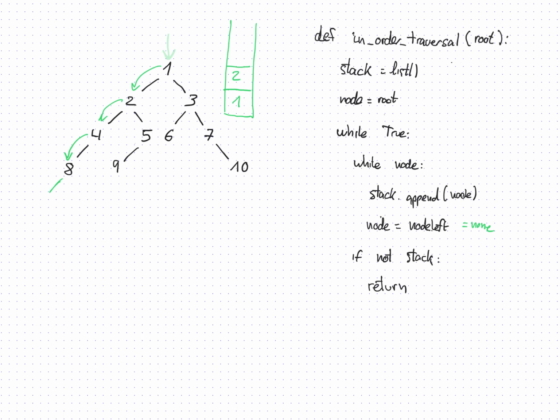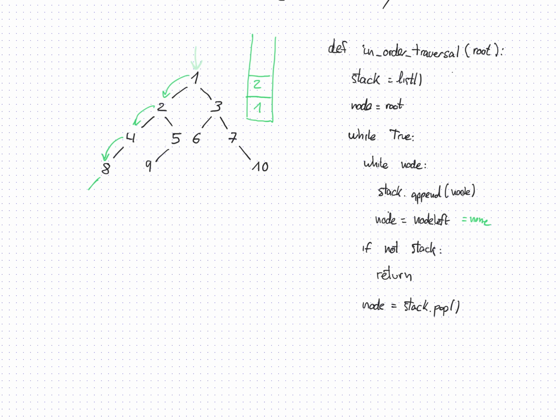However, if it's not empty, we're going to do node = stack.pop(). So that means that we're going to take one of these numbers here. Actually, we forgot to add them here. So that means that now node is going to be equal to 8.